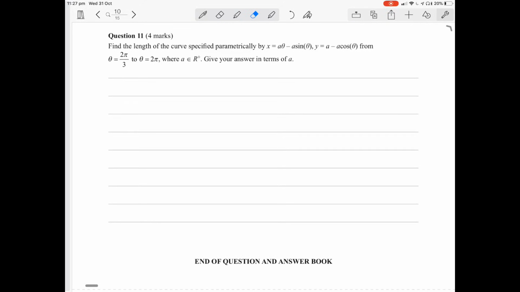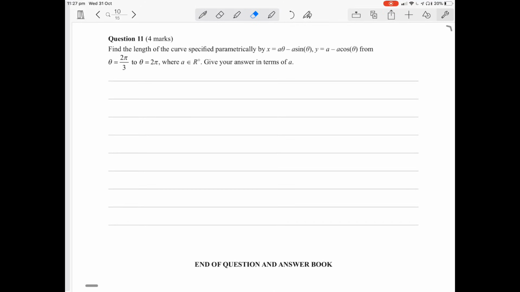Last question. If I remember correctly, this one was a bit of a bastard. Okay, so length of a curve parametrically, that's x, that's y. We know we've got to find dx d theta, because with a parametric equation it's the derivative of those two things squared, square rooted.